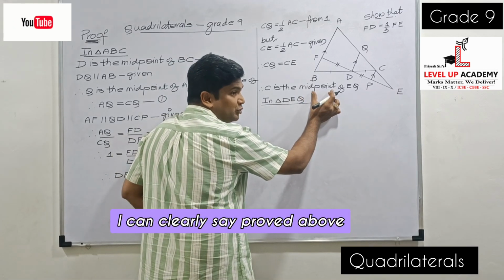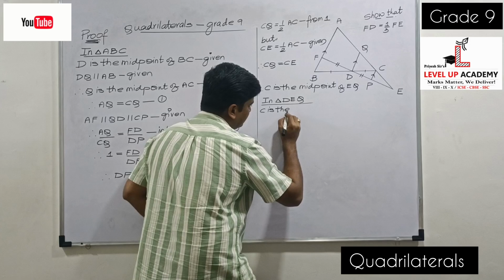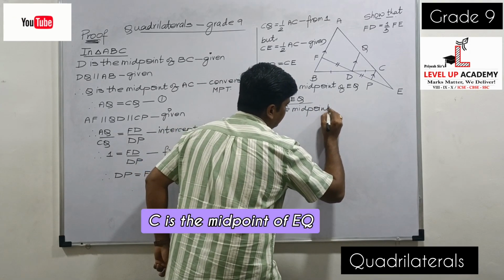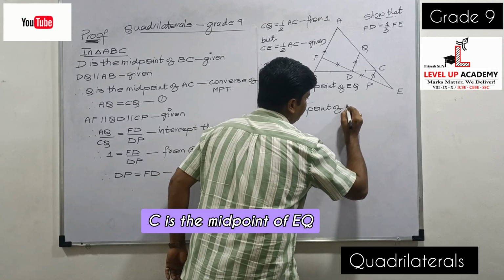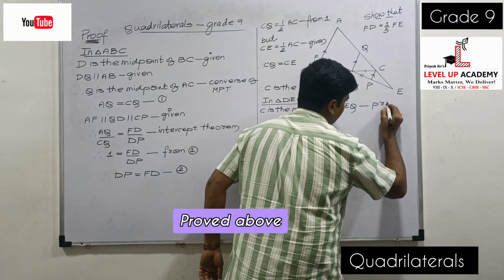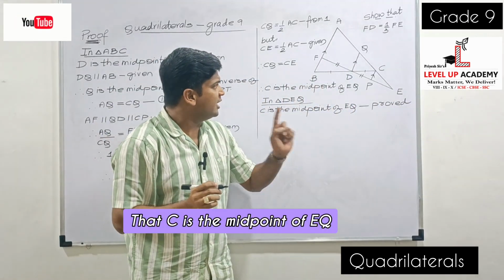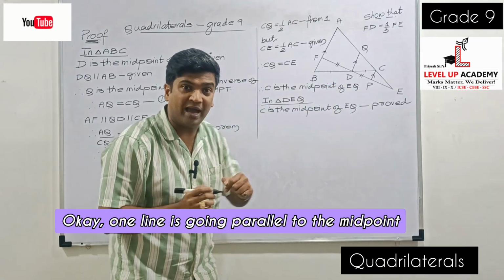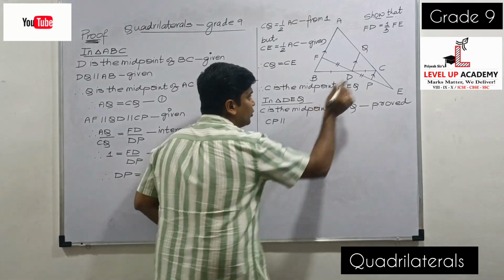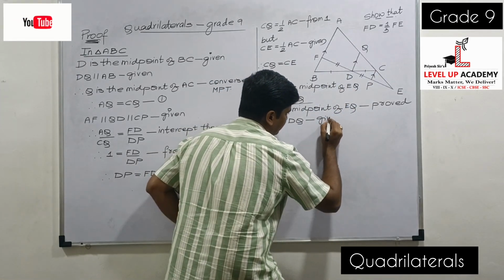The reason is mandatory, so the reason we give is: proved above. It's proved that C is the midpoint of EQ. Now from that midpoint a line is going parallel. So CP is going parallel to DQ. The reason for this will be given.